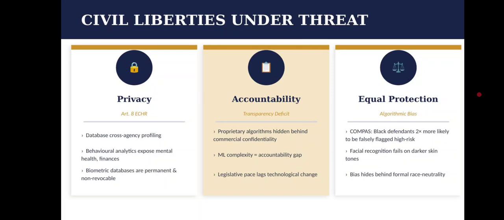Many algorithmic systems are complex and opaque, making it difficult for citizens to understand or challenge decisions. Third, algorithmic bias. These systems can reproduce existing social inequalities, especially affecting marginalized groups. So, while technology improves efficiency, it can also lead to inequality, lack of accountability, and weakening of democratic rights.